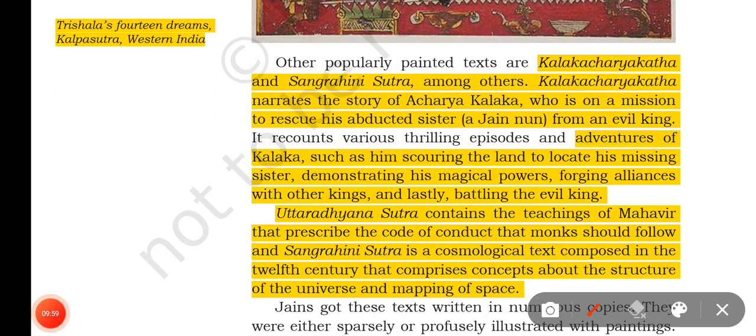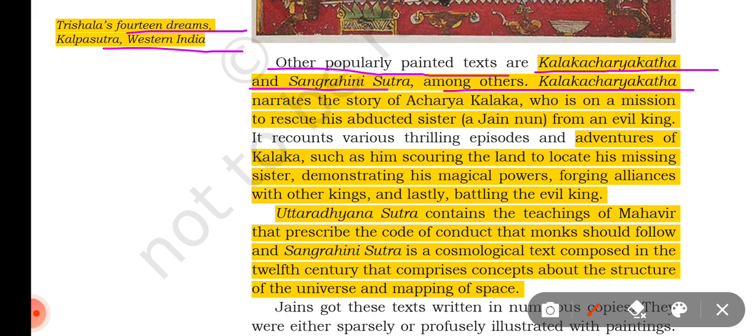Trishala's 14 dreams. Kalpasutra, Western India. Other popularly painted texts are Kalakacharya Katha and Sangrahini Sutra, among others.